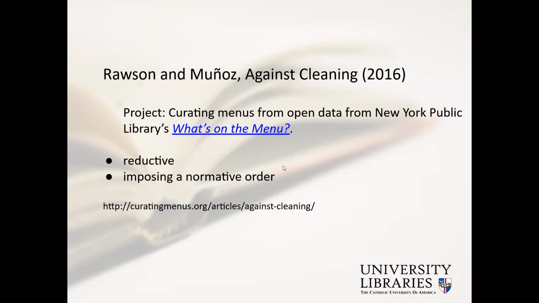So you're imposing some type of order, and that order is not neutral. You are making conscious decisions about what you're including and what you're excluding, and you have to document what you're doing and why you're doing it, the justification for it. So I highly recommend that article.